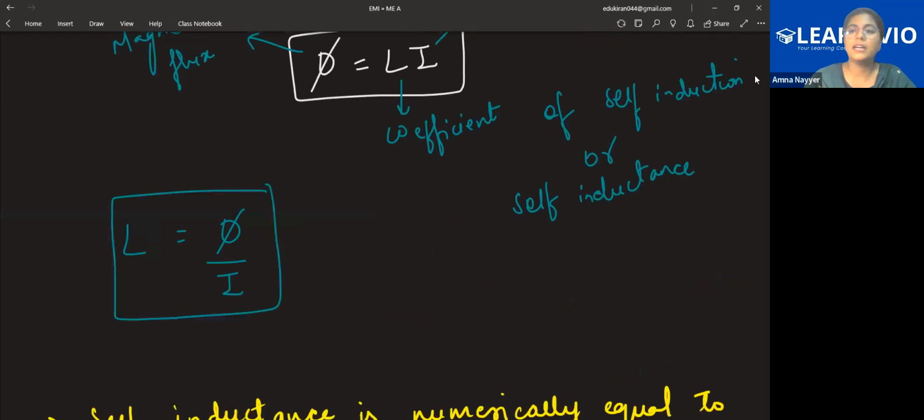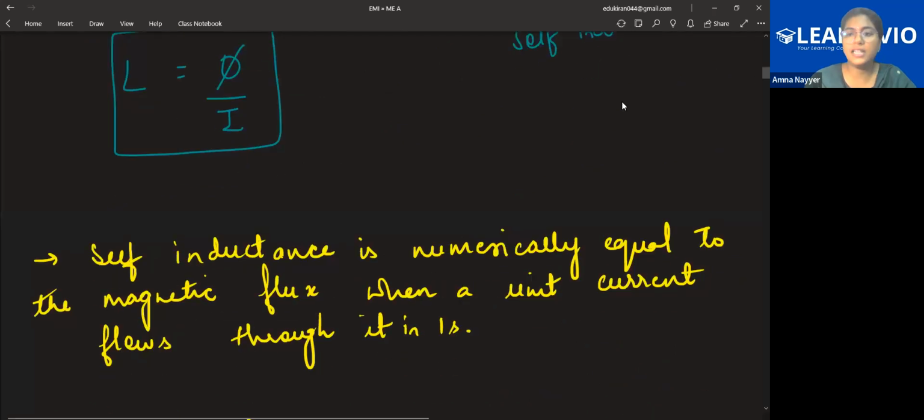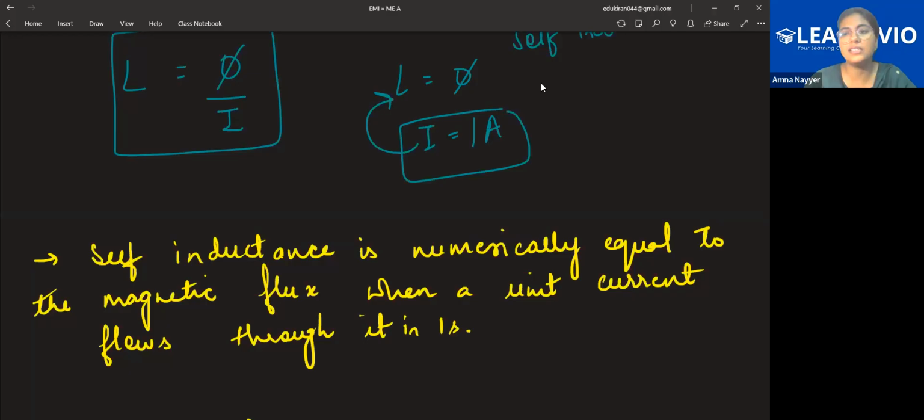Now see, it says that self-inductance is numerically equal to the magnetic flux when we put the current's value as 1 ampere. If this is 1 ampere, then we can say self-inductance is directly proportional to the magnetic flux. So you can use this equation, you can use this definition.